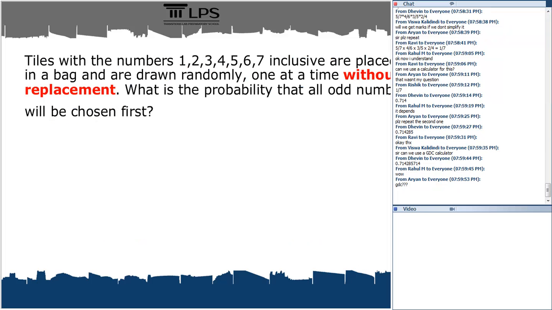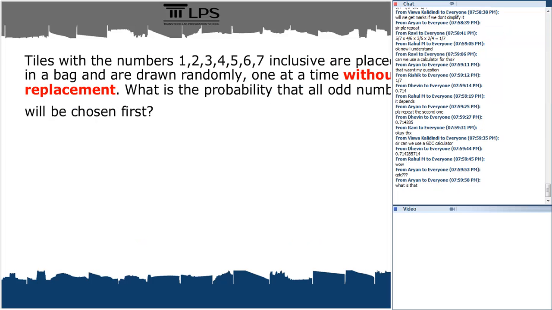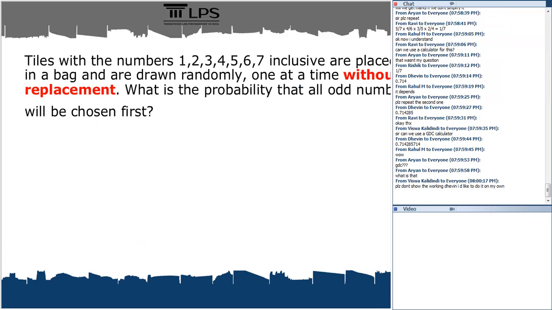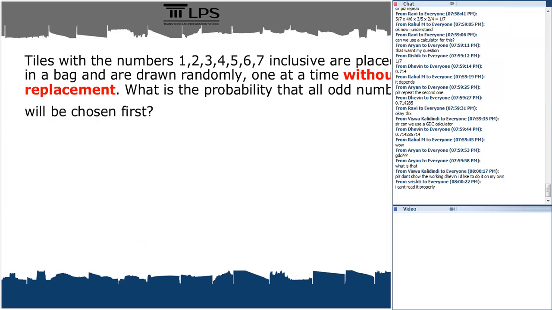We are on another problem now. Tiles with the numbers 1, 2, 3, 4, 5, 6, 7 inclusive are placed in a bag and are drawn randomly, one at a time, without replacement.